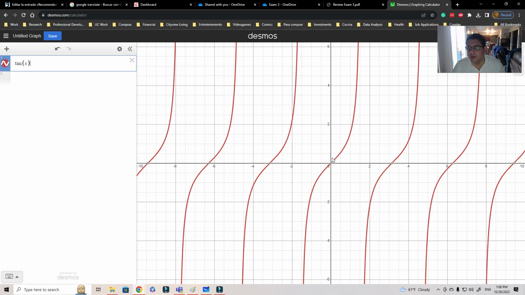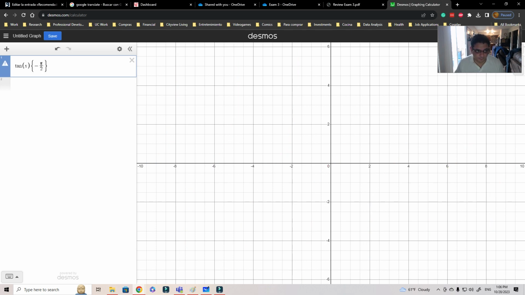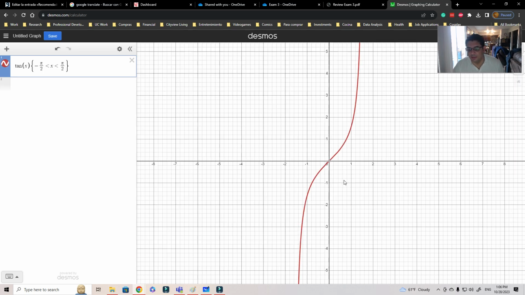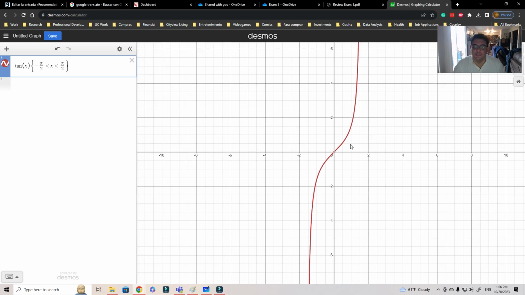If we're looking for a single domain and then checking where the other domains repeat, you can see that we can take this one, going from minus pi over 2 to pi over 2. This is the domain that we have, and it covers a complete span of pi. If you measure how much there is between minus pi over 2 and pi over 2, that's going to be pi.